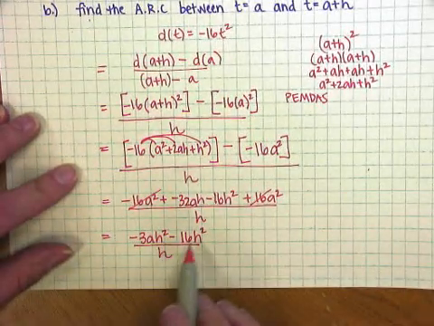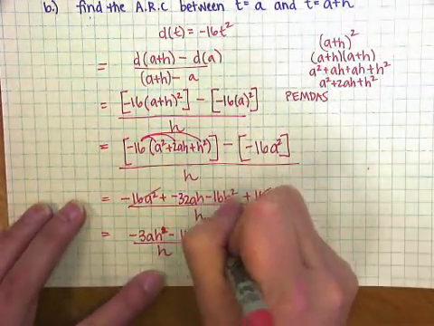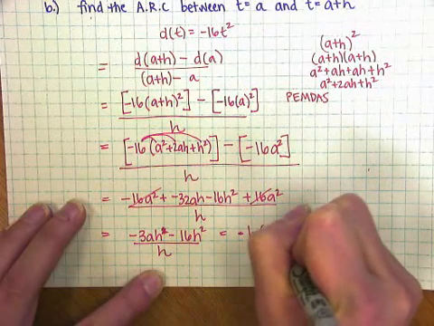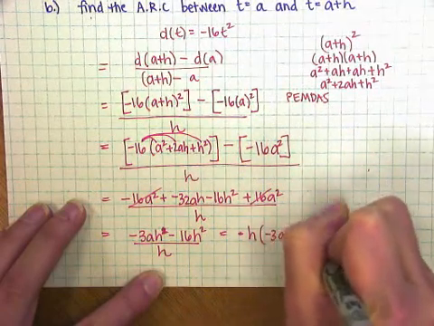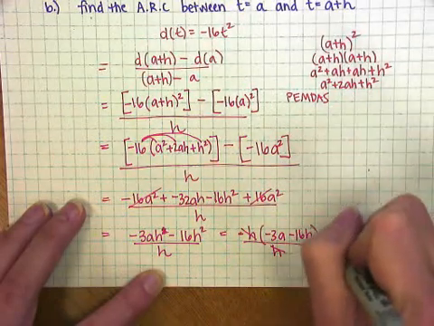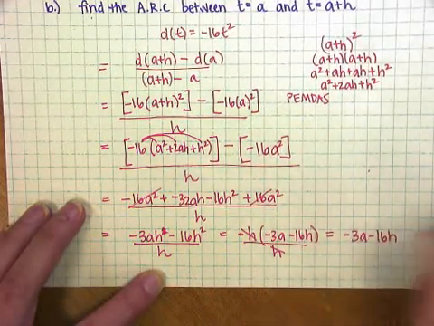And then I have an h in both of these. I'm going to pull the h out, negative 32a minus 16h, and then I can cancel. So my average rate of change is negative 32a minus 16h.